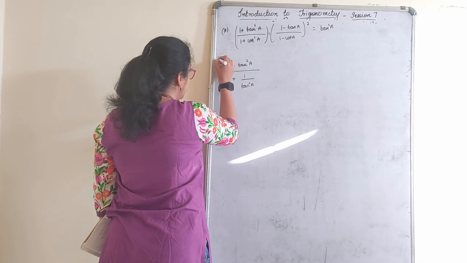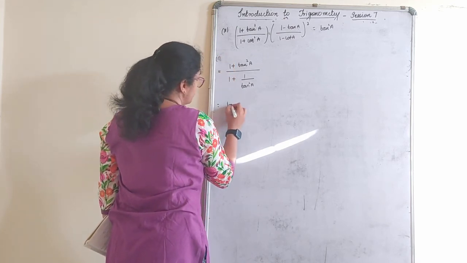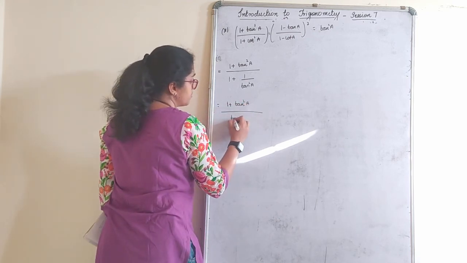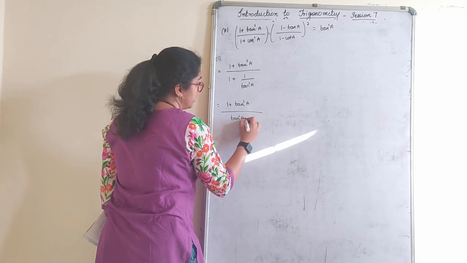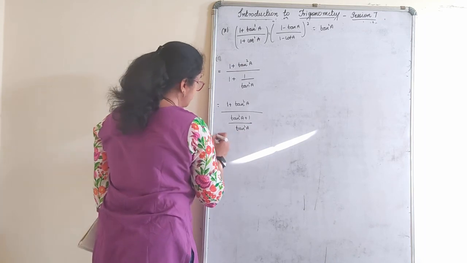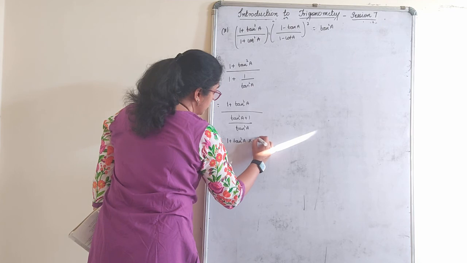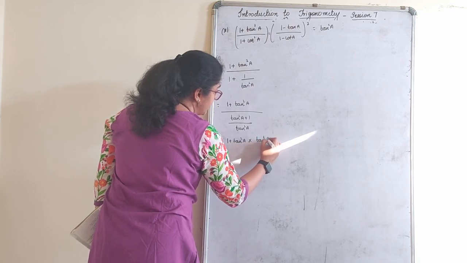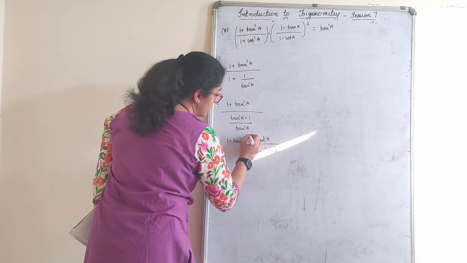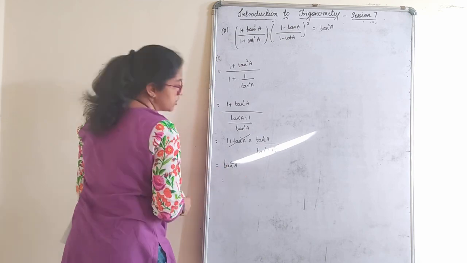Take the LHS, part 1 we will take and solve. 1 plus tan square A, tan square A plus 1 divided by tan square A. 1 plus tan square A into reciprocal I have taken. Answer, tan square A we got.